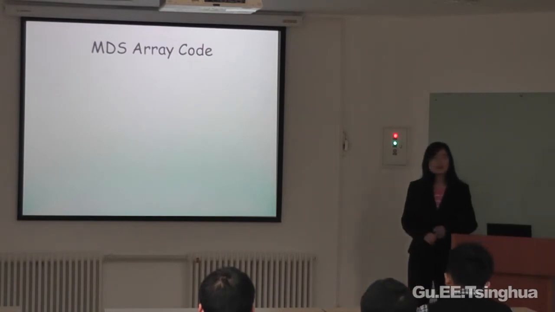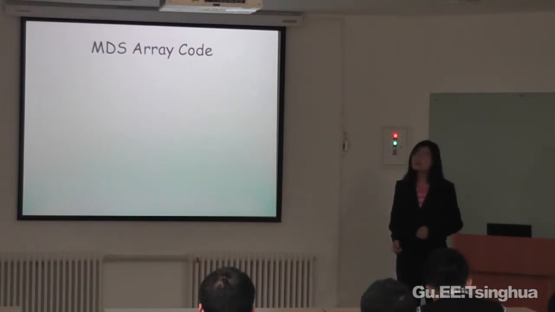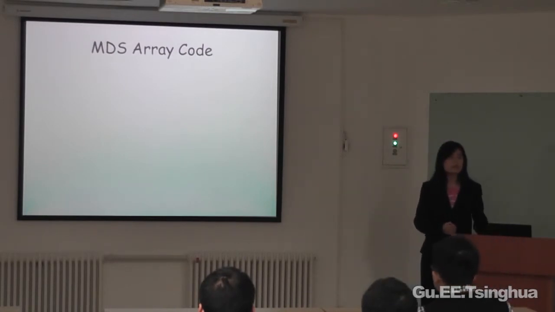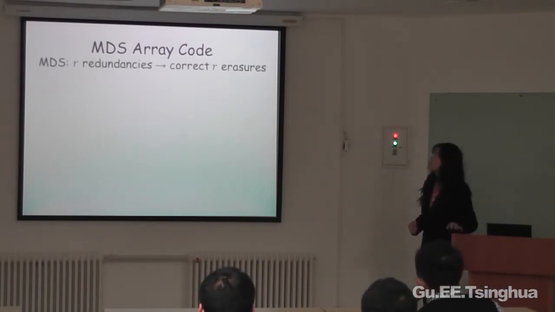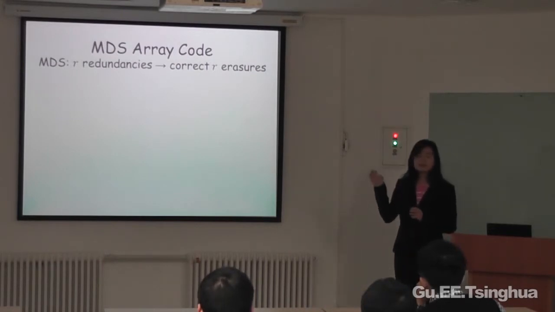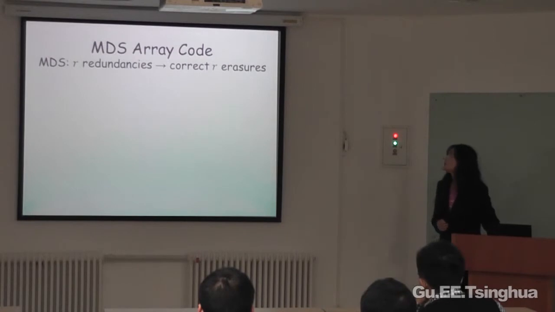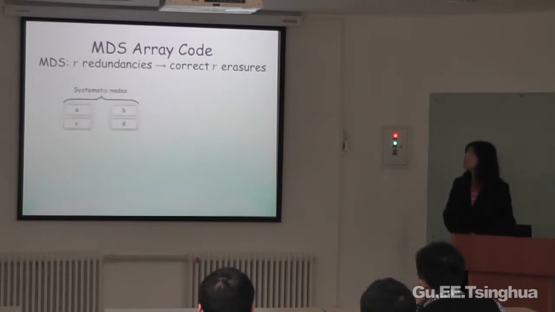In order to get the lowest redundancy, we use the code called MDS, which means maximum distance separable code. This kind of code is equivalent to saying that if a code has r redundancies, then it should be able to correct r erasures.